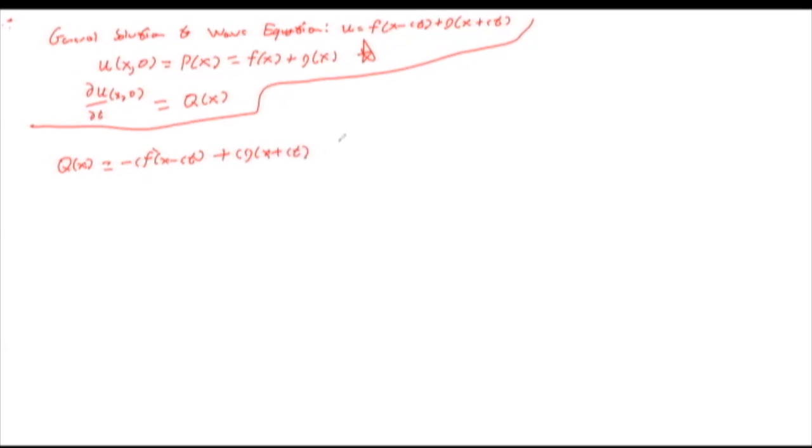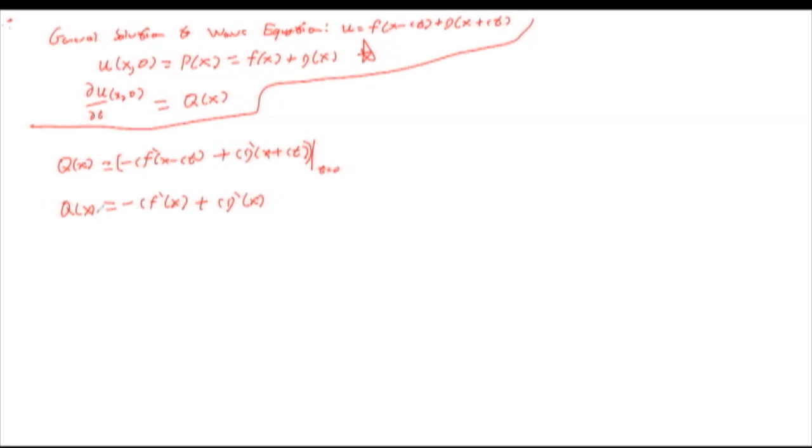And now, if you remember, our initial condition needs to be evaluated at t equals 0. So everywhere we see a t, we put a 0, and we see that this is negative c times f prime of x plus c times g prime of x. And that's what q of x is.